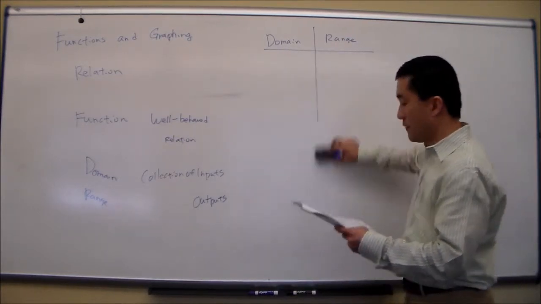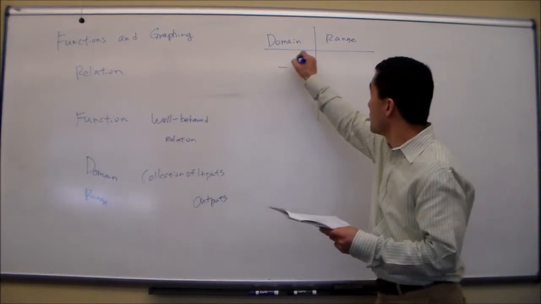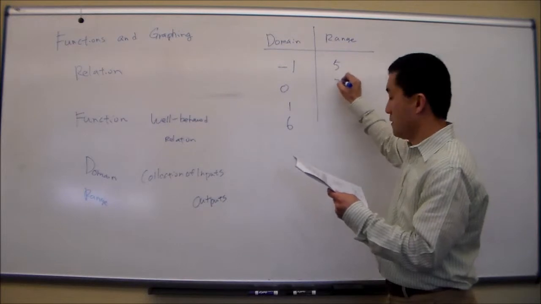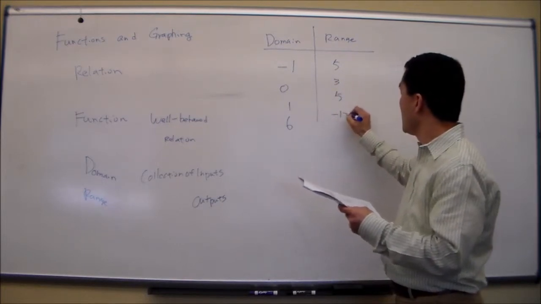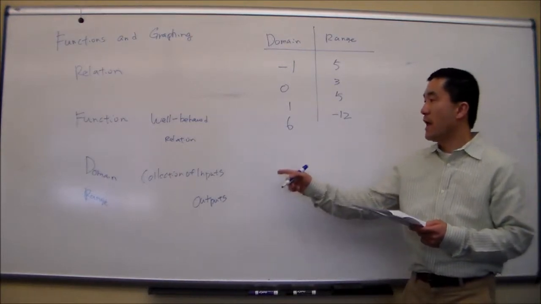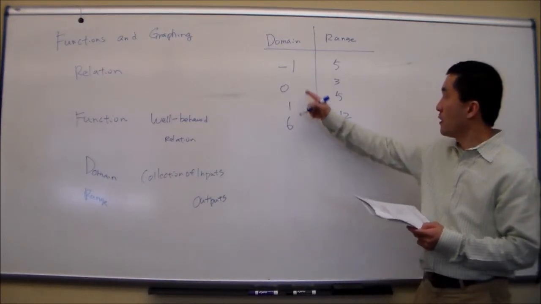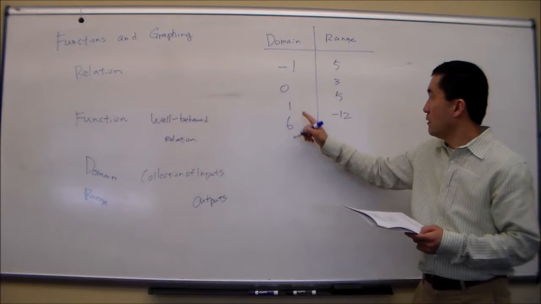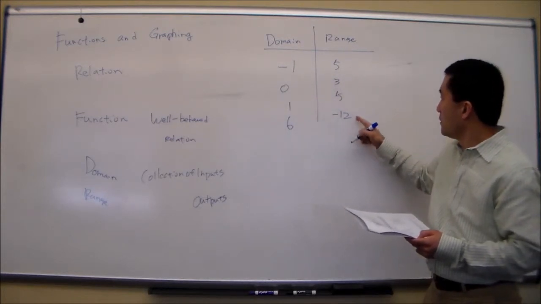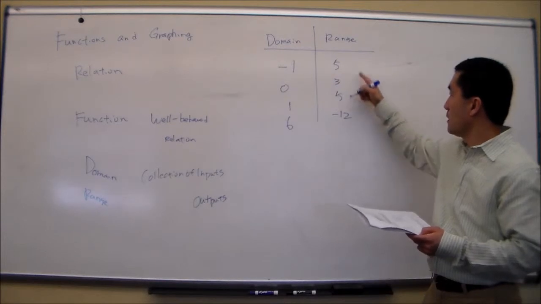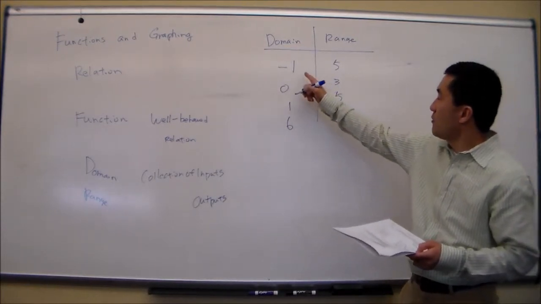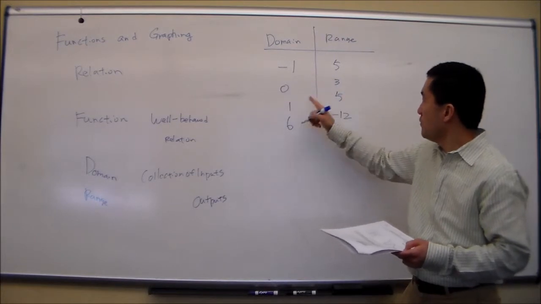On the other hand, if I give you a table like this, this is a relationship and a function, because for every single domain value, there are different ranges. As you can see, there's a one-to-one relationship.